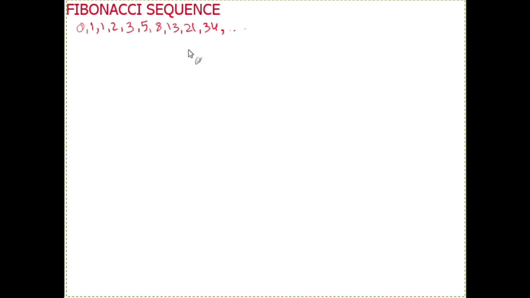Now, this relation is, understandably, given by an equals an minus 1 plus an minus 2. So every number in the sequence is the sum of the previous two numbers. So what is our c1 here? This is 1. What is our c2 here? This is also 1. So our characteristic equation will be r squared minus r minus 1 is equal to 0.